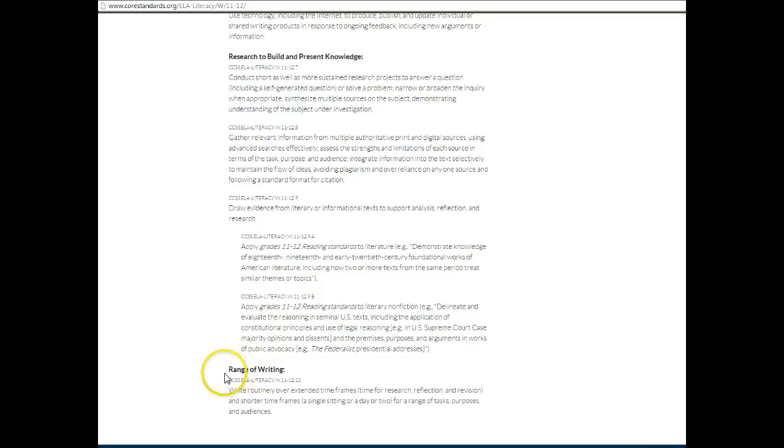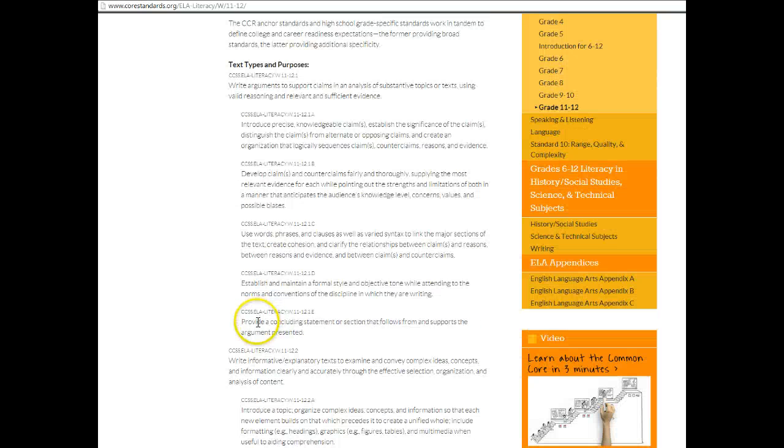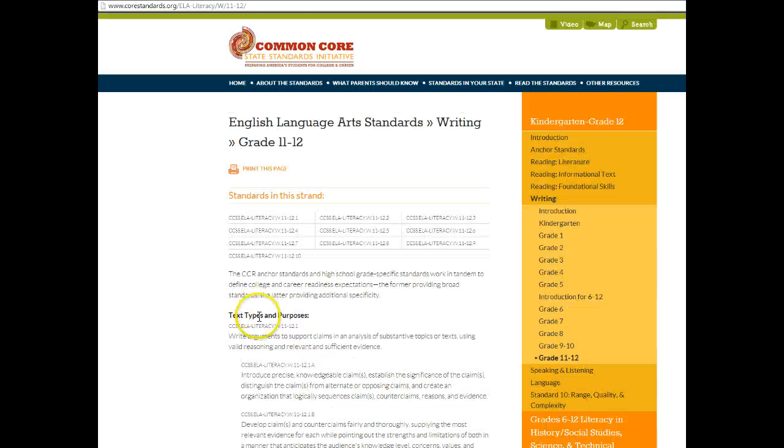There are the research standards, which are becoming, again, more and more complex. By the time the student is a senior, we are at college level research capability. So that's the expectation. Then, of course, there's the range of writing. And again, all this is under the writing standard for the Common Core.